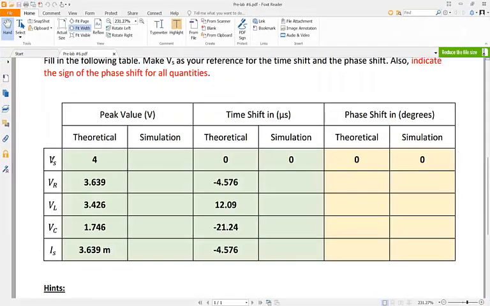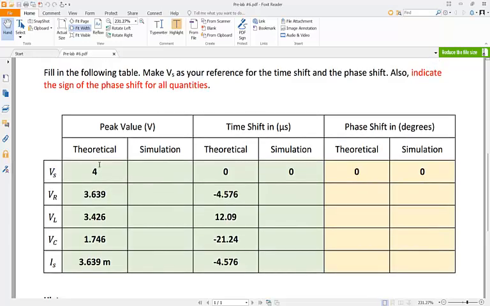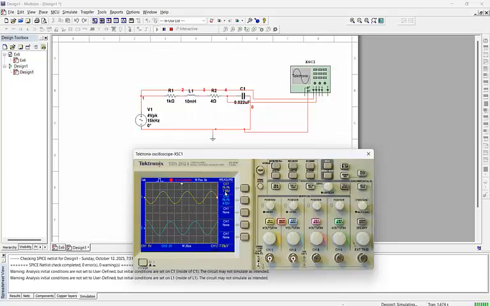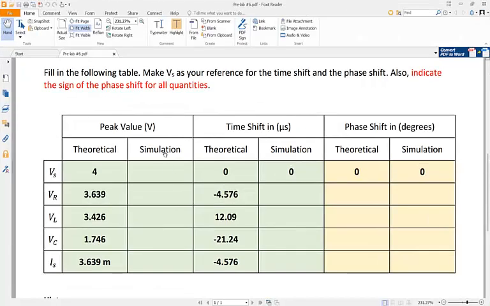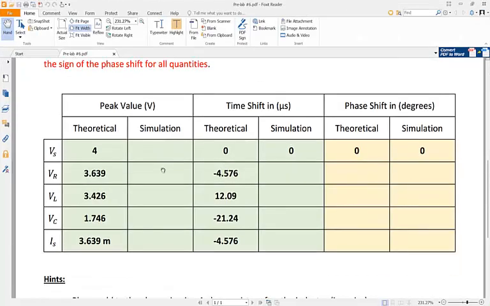So here the first question is asking about V source. The theoretical V peak is 4, and in simulation it is 7.98 peak to peak, so divide by 2 and put the number here. After that I am going to make an example on VC, and I will leave the rest for you to make.